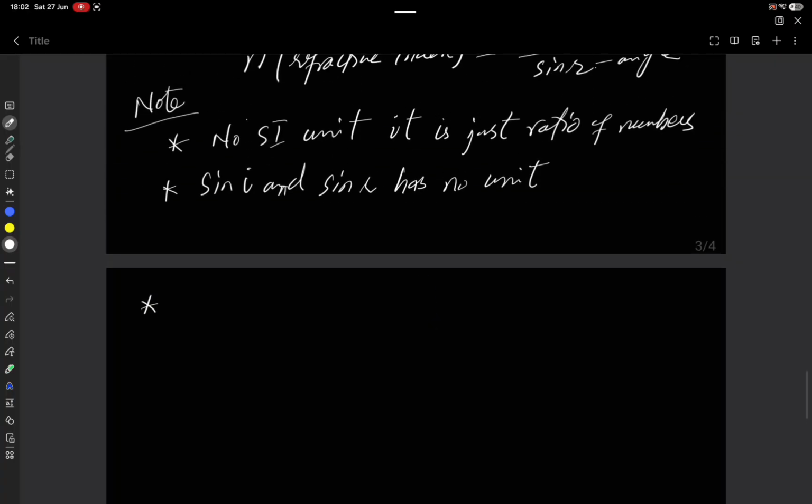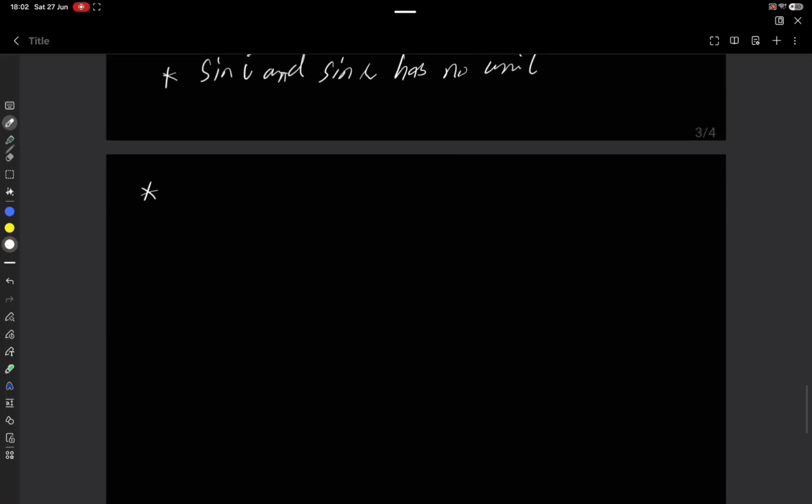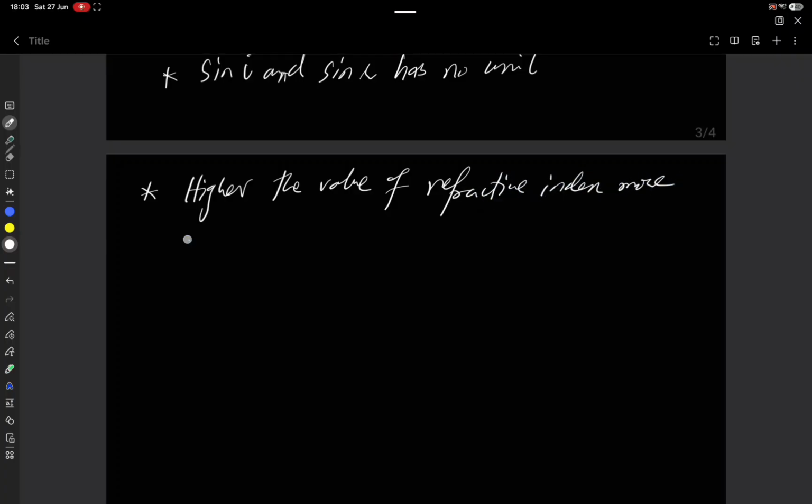Here we have to note that the higher the value of refractive index, the denser the transparent medium.